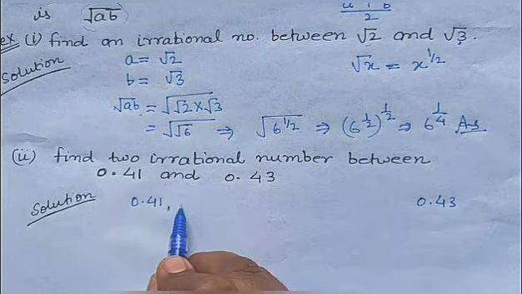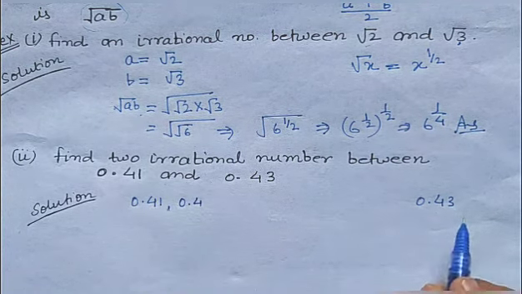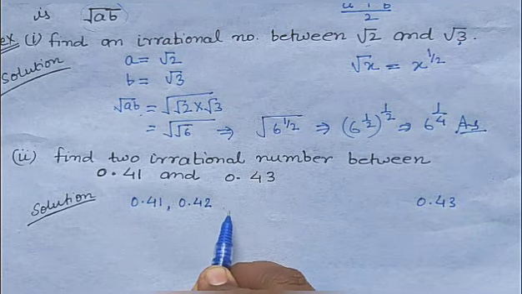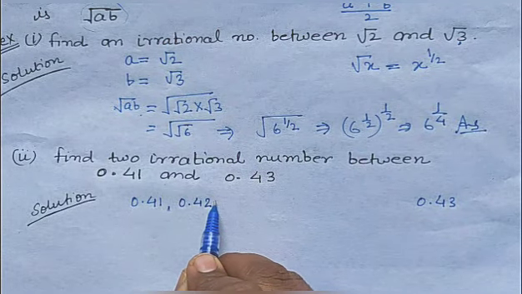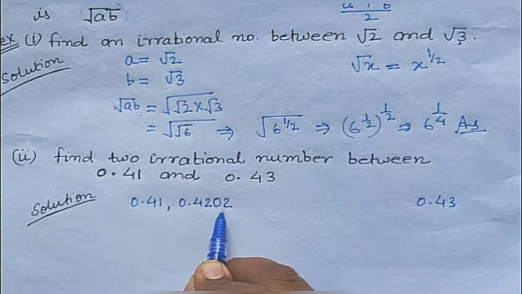For the first number, between 0.41 and 0.43, we can write 0.42. It should be irrational, so you have to write it like this: 0.4202.